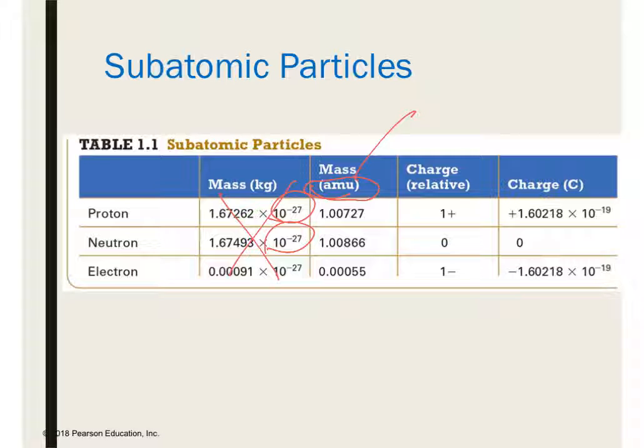You can see that protons and neutrons both have a mass of about 1 atomic mass unit, and electrons are less than 1/1000th of the mass of a proton or neutron. So we just assume the mass of an electron is about 0. Again, a neutron has no charge, and the proton and electron have equal and opposite charges.